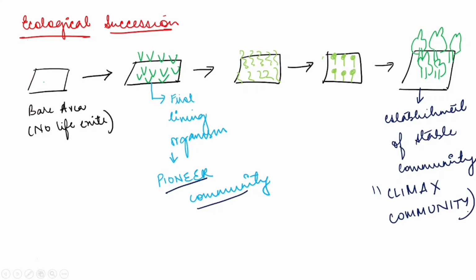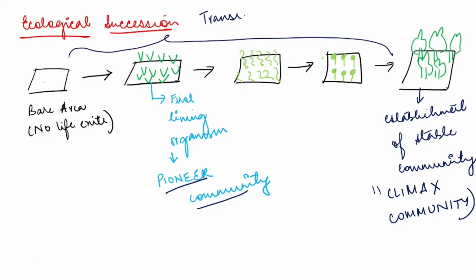And right from the barren area to the climax community, there are certain transitory changes. We call these transitory changes seral stages.